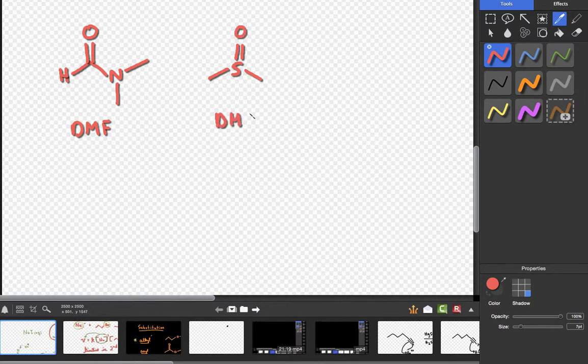Dimethyl sulfoxide. All of the hydrogens are bonded to carbons. So any solvent that has all the hydrogens bonded to carbons is a good SN2 solvent. Anything that has a protic hydrogen would be a good SN1 solvent.